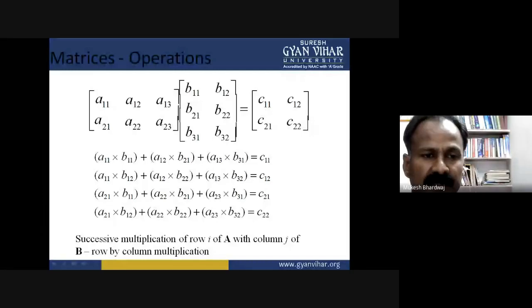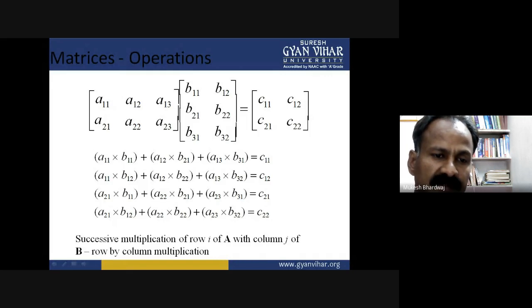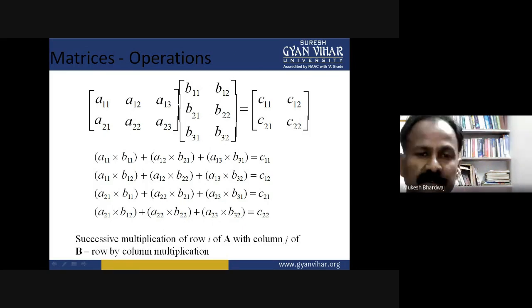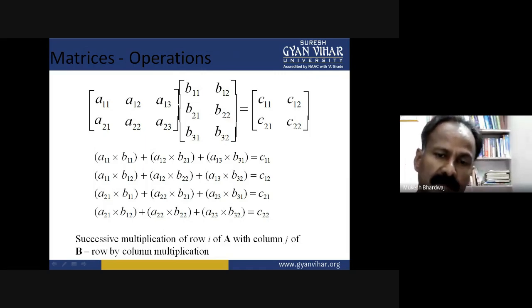Similarly, second row into second column, A21 into B12 plus A22 into B22 plus A23 into B32 is denoted by C22. So C11, C12, C21, C22, and the arrangement is shown in the resultant matrix. The successive multiplication of row i of A with column j of B, row by column multiplication.